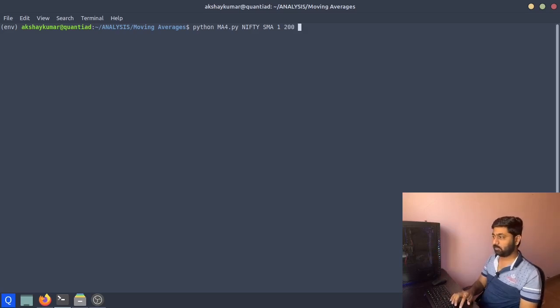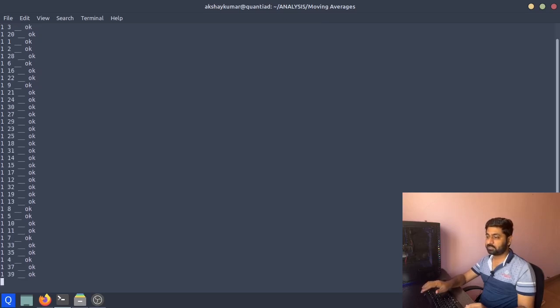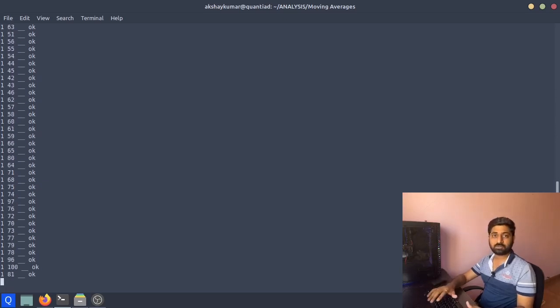Again, the minimum setting for the slow moving average is 1 and the maximum is 200. So this code is going to backtest all the moving averages, slow as well as fast, and it will tell us the correct combination.